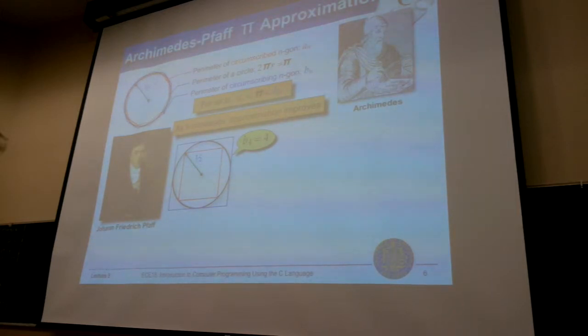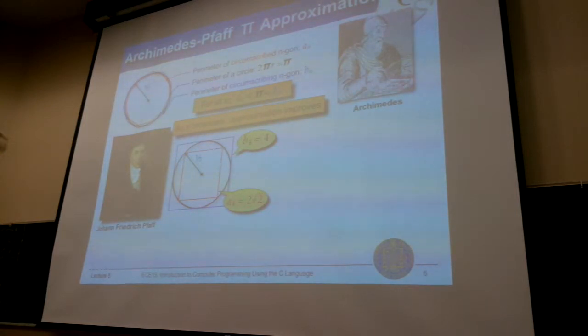It should be fairly straightforward to calculate the perimeters of each of these squares. We won't go through that in detail, but obviously the perimeter of A4 here is 2 times the square root of 2. And the perimeter of the larger square here is just 4, right? Each side is going to be 1.